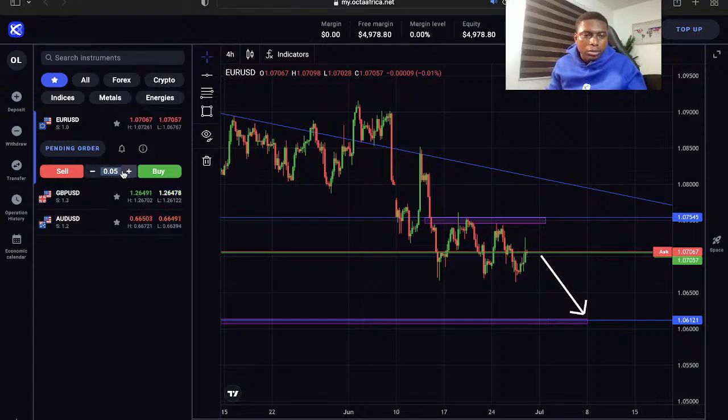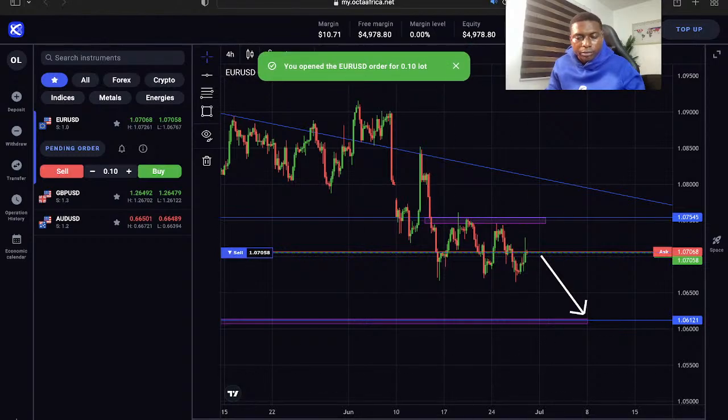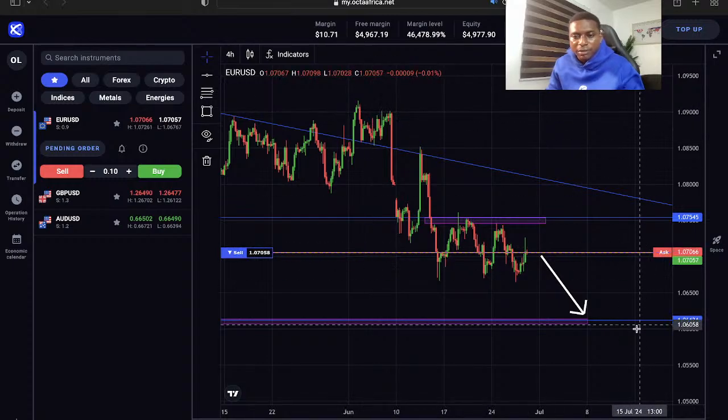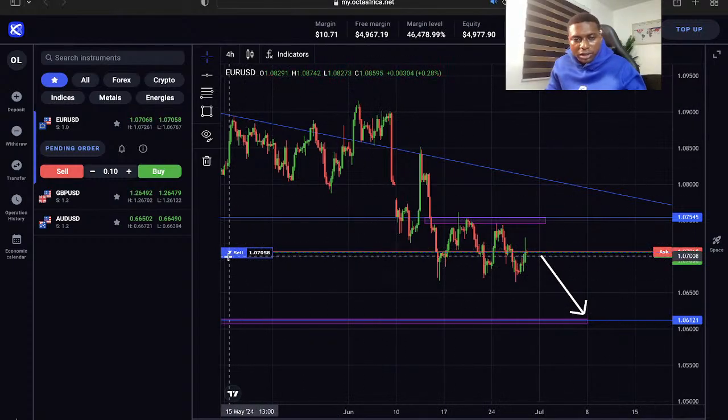Good. So just do 0.1 and then place a sell. Now that I've placed it, you can see it said my order has been opened, and it shows that I'm selling at this level.